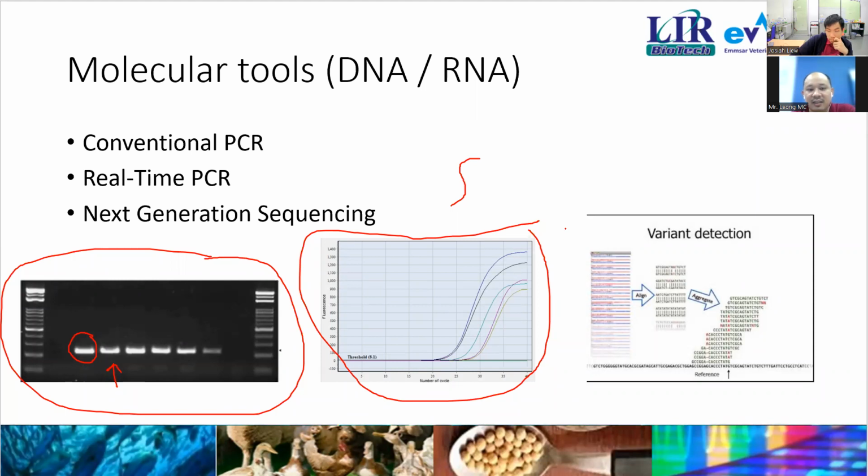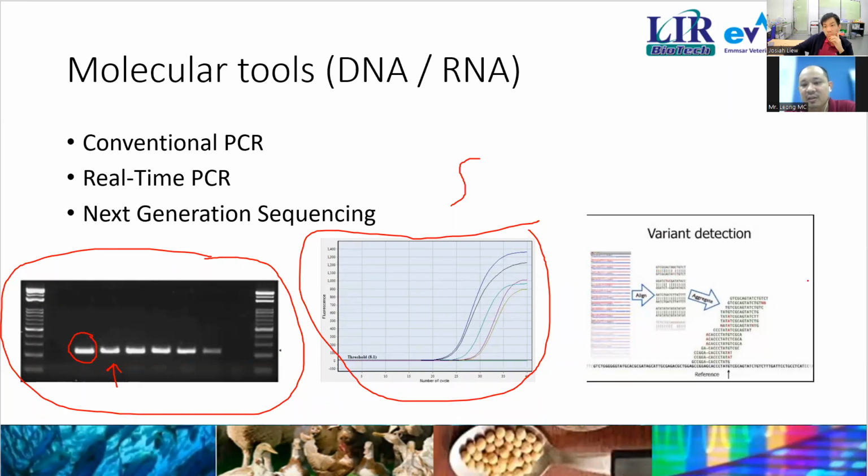The third one is next generation sequencing. The traditional sequencing is the Sanger sequencing, which reads base by base on the target, the desired DNA we want to determine. In next generation sequencing, they are doing multiple alignment.